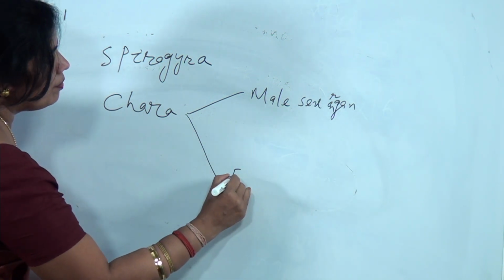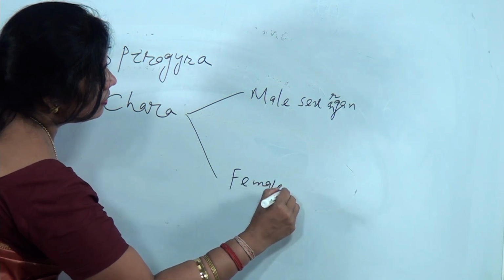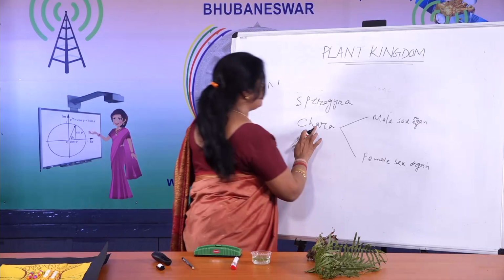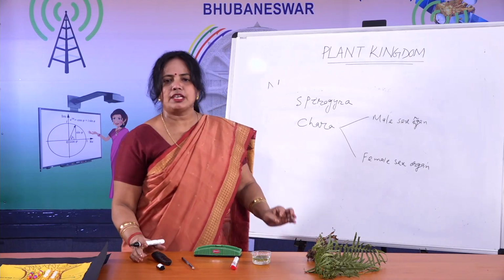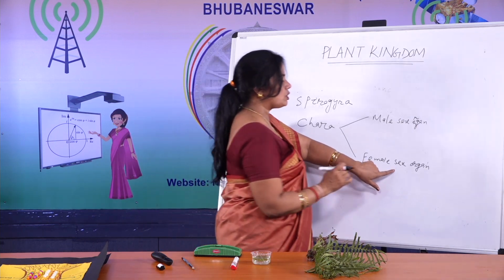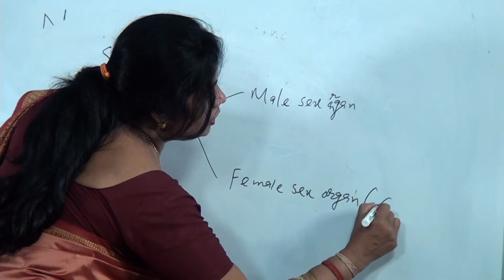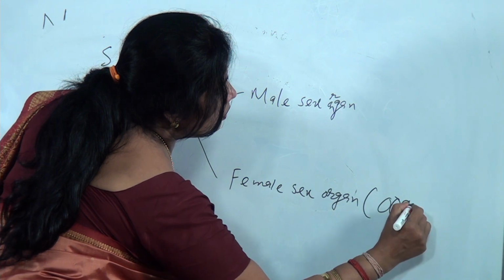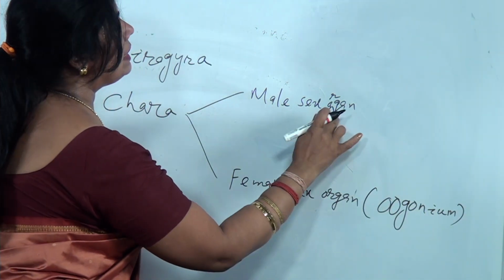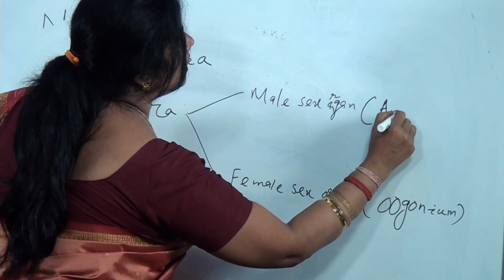So, this Chara plant is a bisexual plant. It has oogonium and antheridium. The female sex organ is called the oogonium, and the male sex organ is called the antheridium.